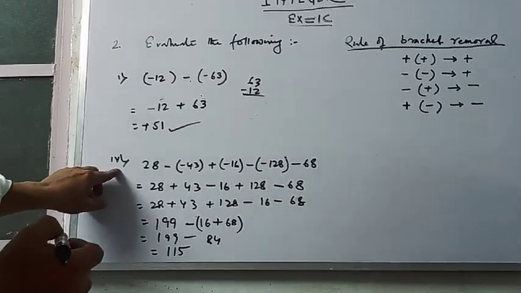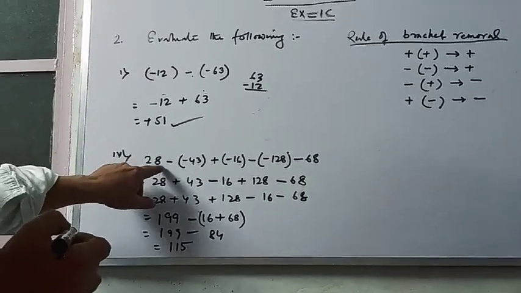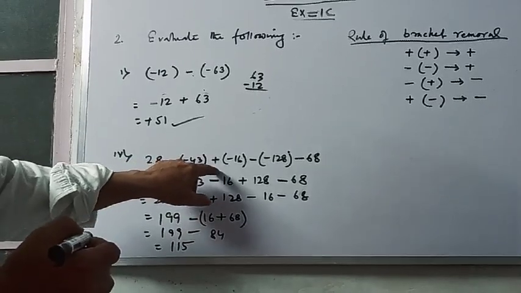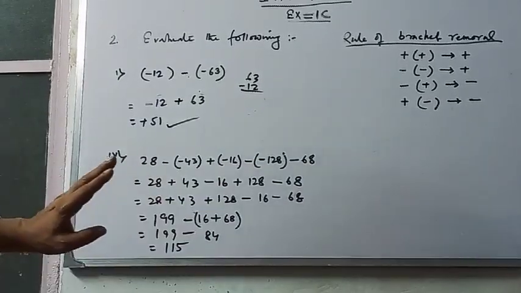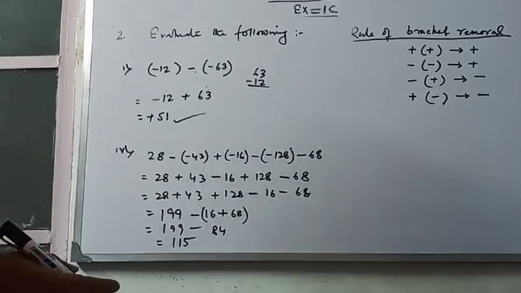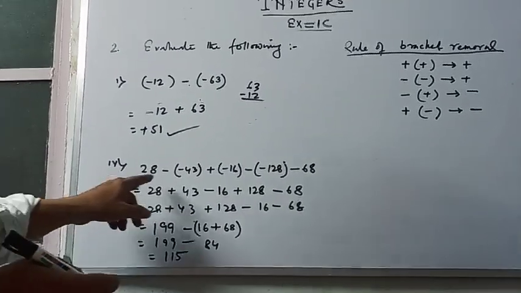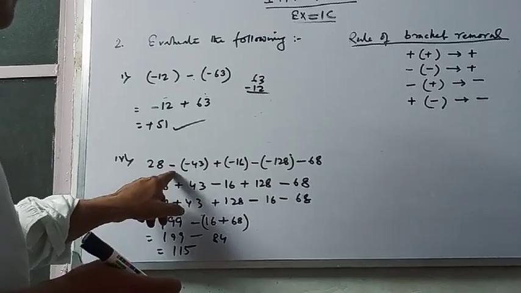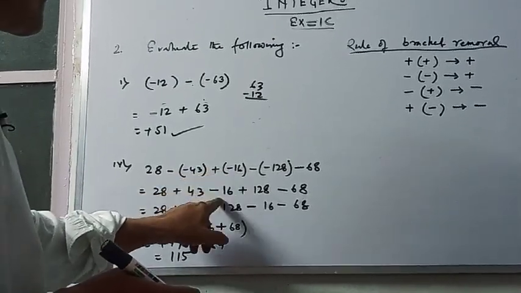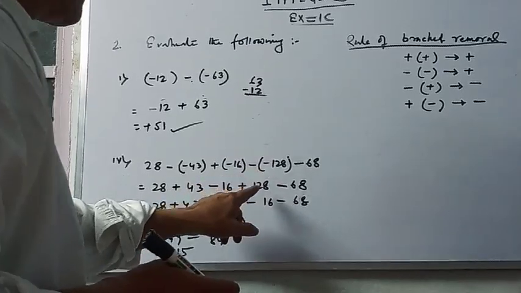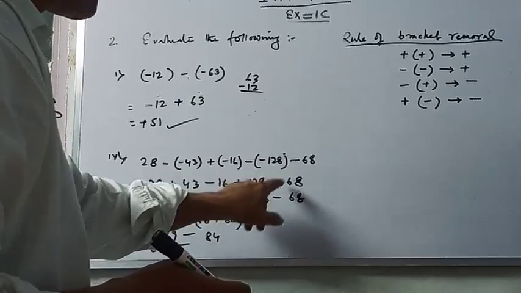Sum number 4, 28 minus minus 43 plus minus 16 minus minus 128 minus 68. So first we have to remove the brackets. 28 plus 43 minus 16 plus 128 minus 68.